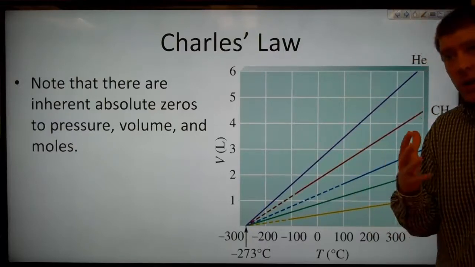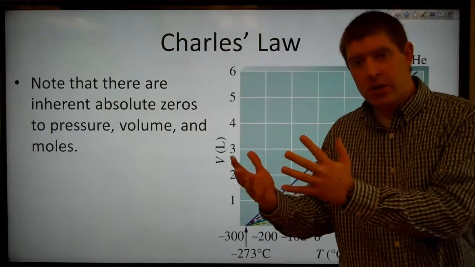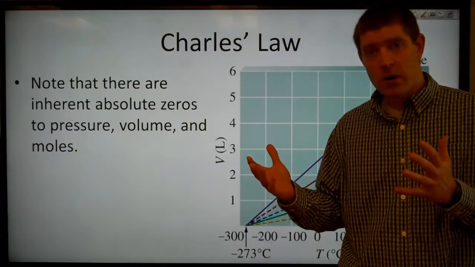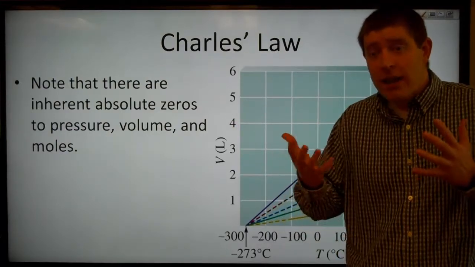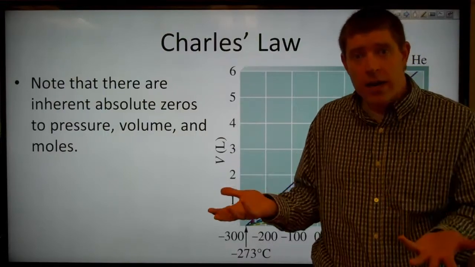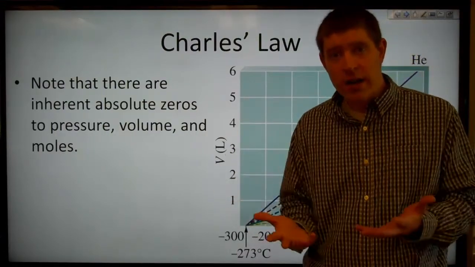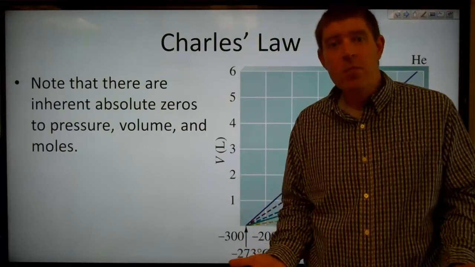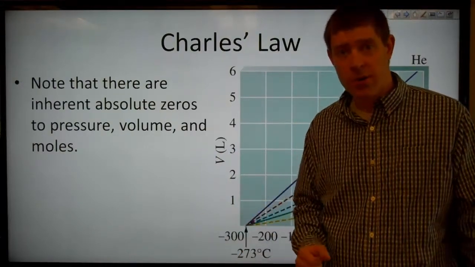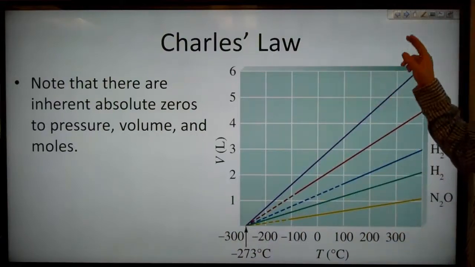At some point, that kinetic energy gets to 0. Those molecules aren't moving anymore. That's absolute zero. You can't get less than no kinetic energy. Once the molecules aren't moving anymore, once they have no kinetic energy, you can't take away any more. So you can't lower the temperature anymore. So there is an absolute zero to our temperature.